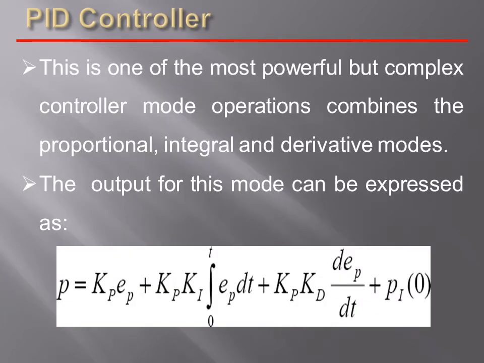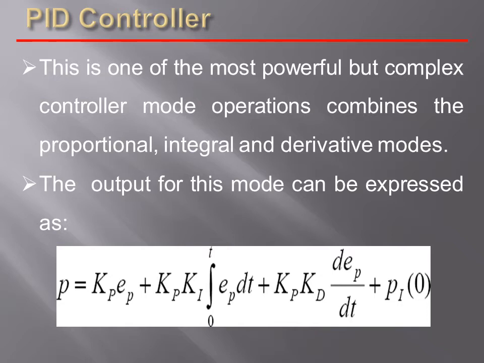PID controller is one of the most powerful but complex controller mode operations that combines the proportional, integral and derivative modes. So its output can be expressed as P is equal to Kp Ep, where Kp is the proportional constant, Ep is the error, plus Kp Ki, where Ki is the integral constant, into integration of Ep dt, plus Kp Kd, where Kd is the differential constant, into d by dt of Ep, plus Pi 0.